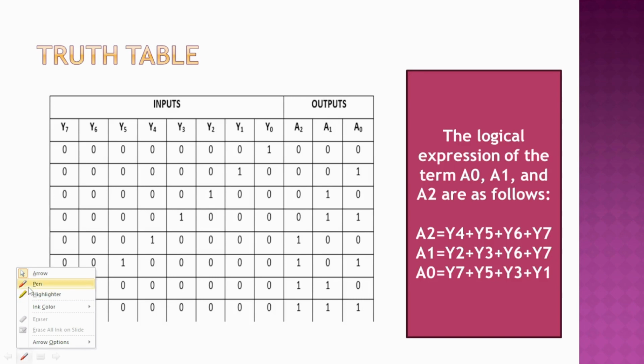The same procedure is followed in this 8 by 3 encoder. First you fill y0 as 1 and the remaining 7 values will be 0. During that time you will get an output of 000. Next, you give a high input for y1 and the remaining 7 inputs will be 0. This time you get the output 001.